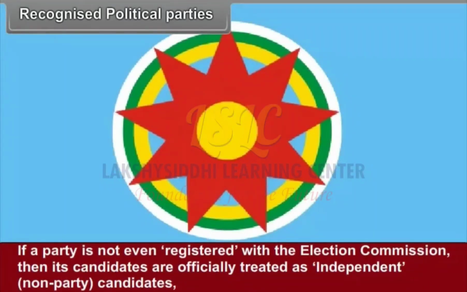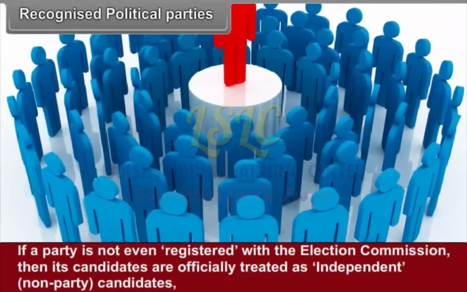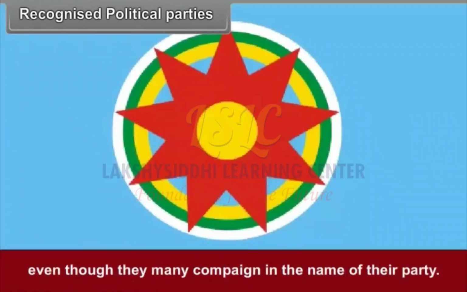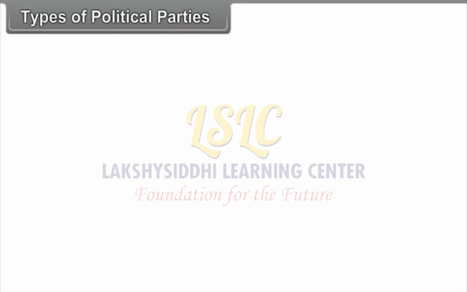If a party is not even registered with the Election Commission, then its candidates are officially treated as independent or non-party candidates, even though they may campaign in the name of their party. Types of political parties.